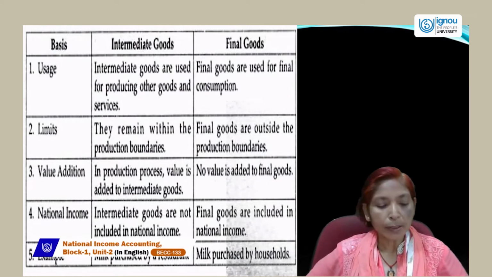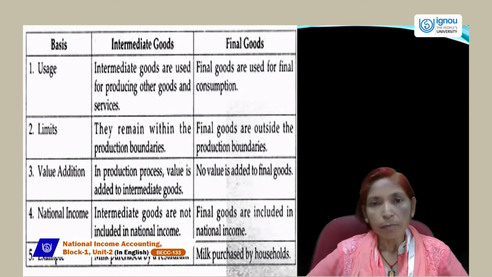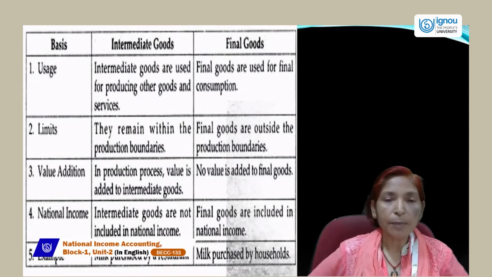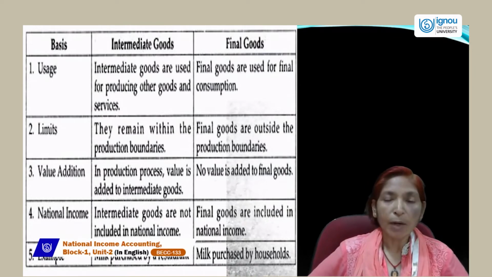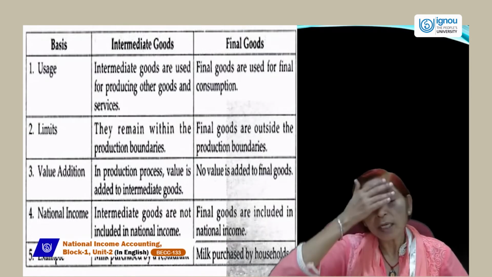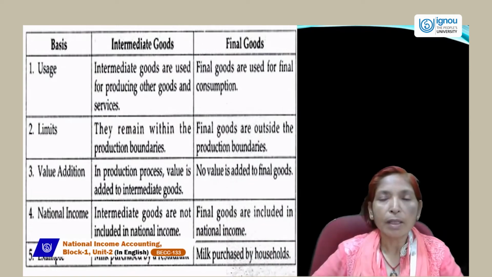But milk purchased by a household is a final good. If a car is purchased by a consumer or a person, that is a final good. But if the car is purchased by an Ola cab driver and used for driving, for a commercial purpose, that is intermediate. So any good can be intermediate or final. It depends upon its use.